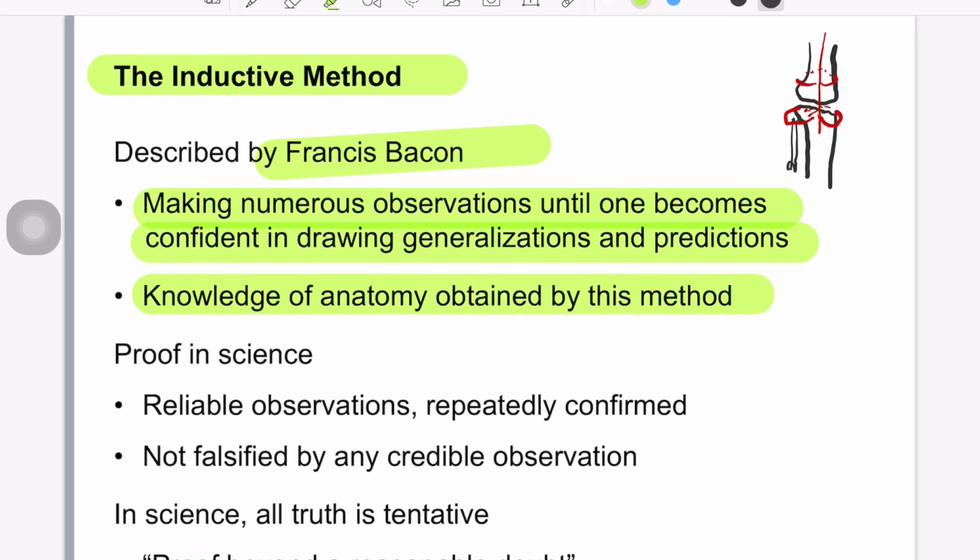But after you've dissected a few hundred knees, you get a pretty good sense that 70% of the knees fall into this pattern, maybe 15% into that, 5% into this, 4% into that. So by collecting enough data points and enough observations, it allows you to make fairly accurate predictions of what it would be the next time you see this.